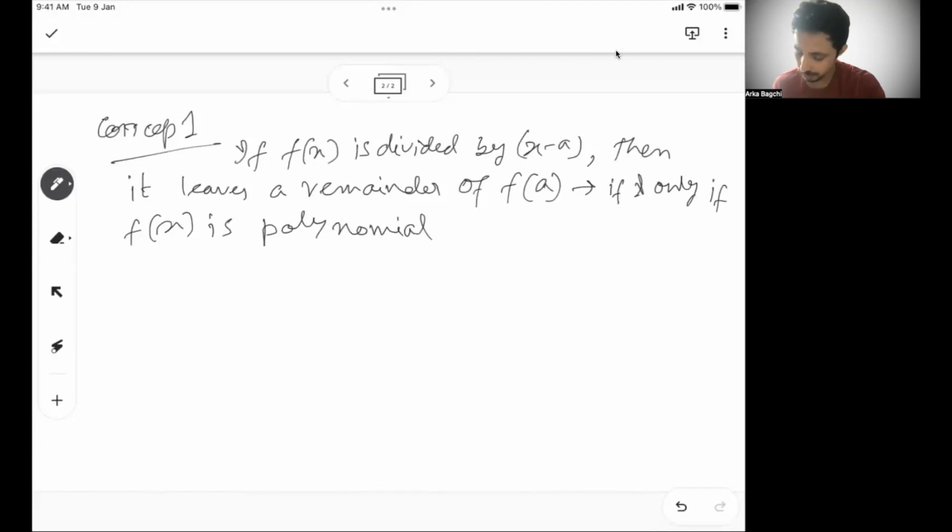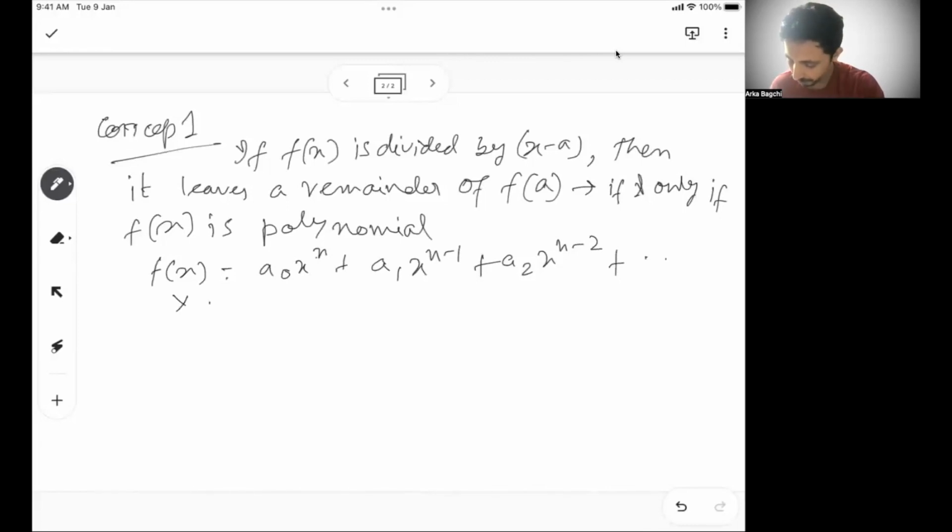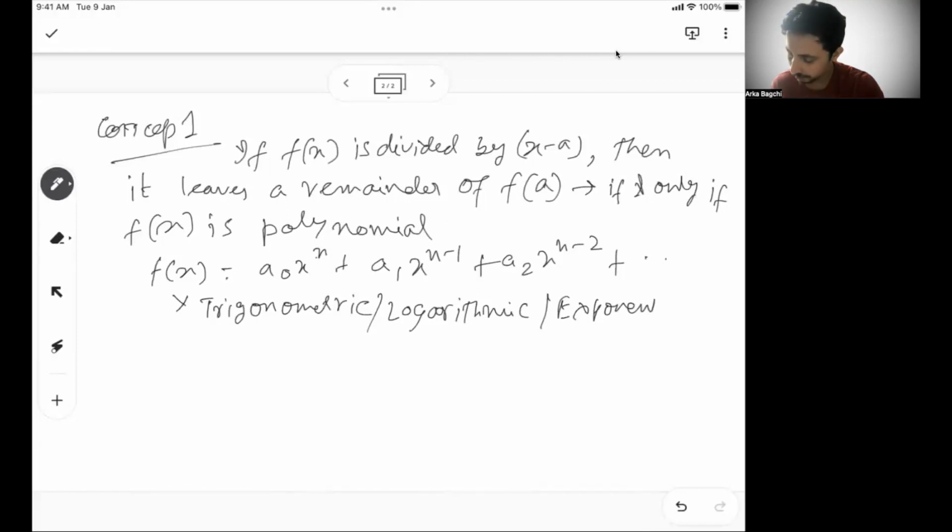Let's understand that first. So f(x) is polynomial means f(x) will be in the form of a0 x to the power n plus a1 x to the power n minus 1 plus a2 x to the power n minus 2 and so on. So f(x) cannot be a trigonometric, logarithmic, or an exponential expression.